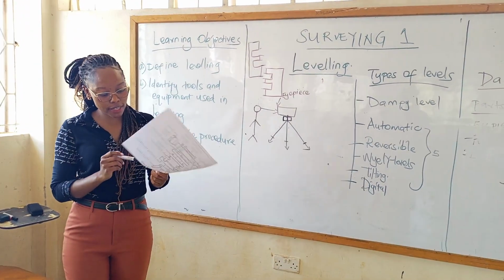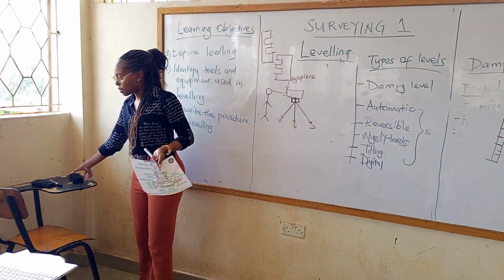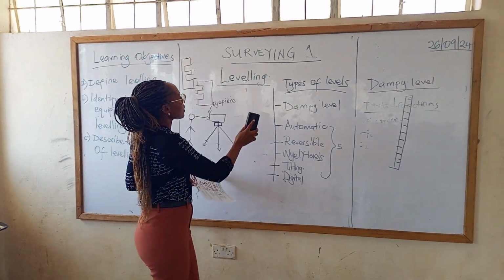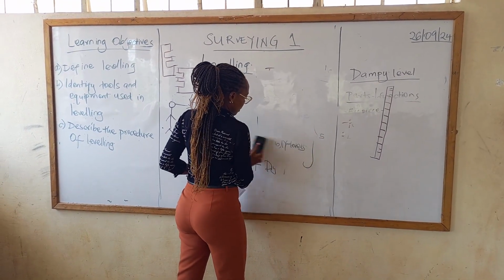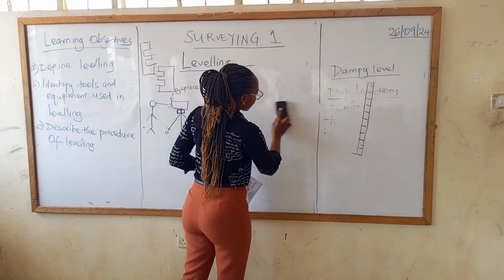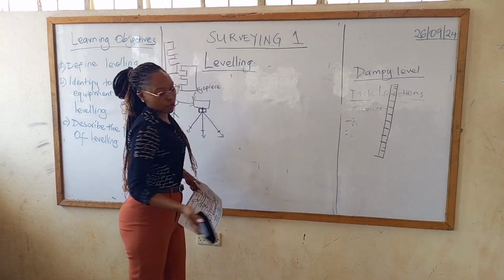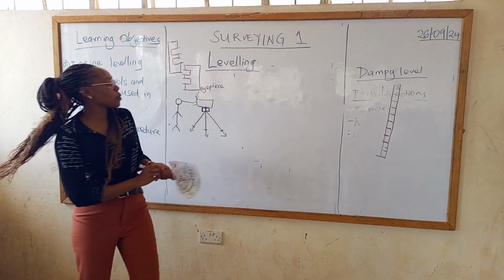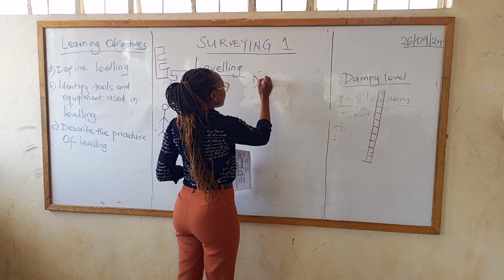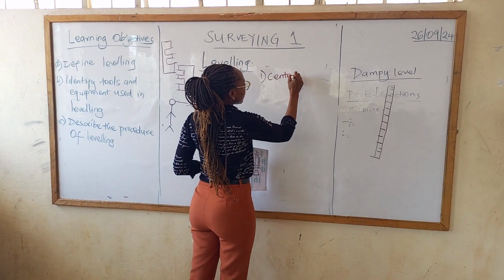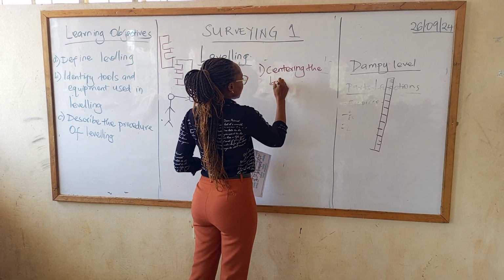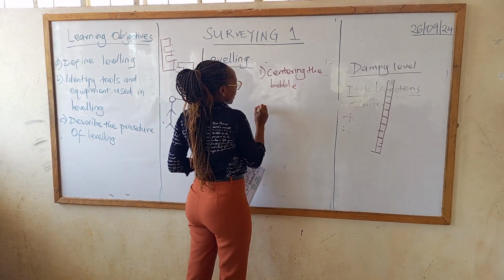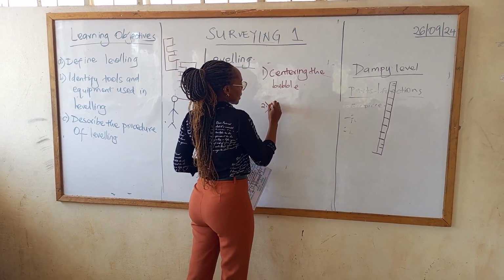Now there are things that are conducted during centering, during placement of the dumpy level on the tripod stand, and one is centering the bubble. And another one is eliminating the parallax.